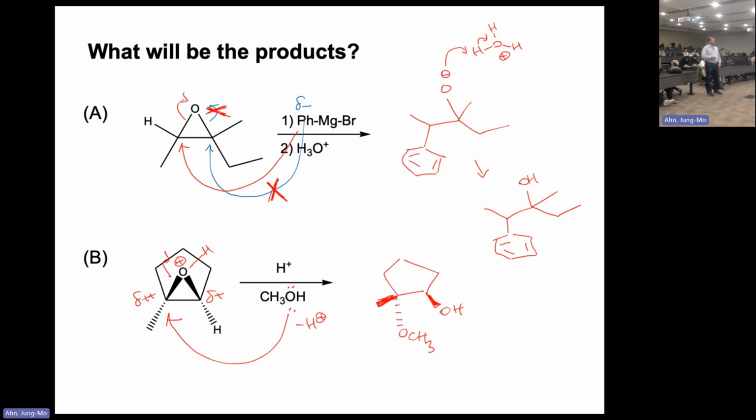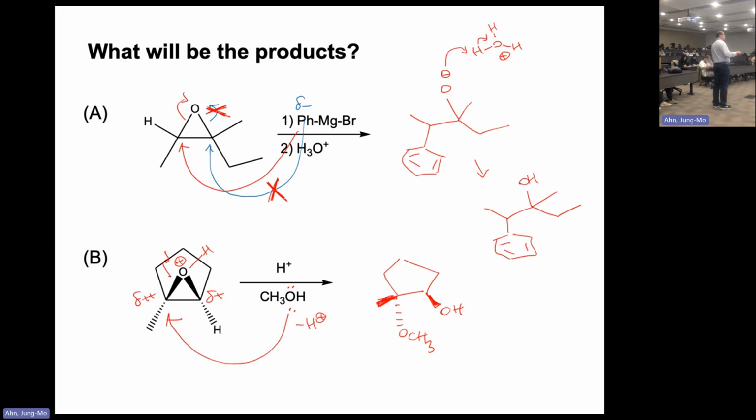But when the weak nucleophile makes an attack, this is a backside attack. So this methyl group sitting behind is going to be pushed, because a nucleophilic attack should involve inversion of stereochemistry, right? The water makes an attack from the backside, so that's why the methyl below will be pushed up. So in the end, you're going to have a methyl on a wedge, and the methoxy group is sitting below, along with the OH that leaves from the epoxide.